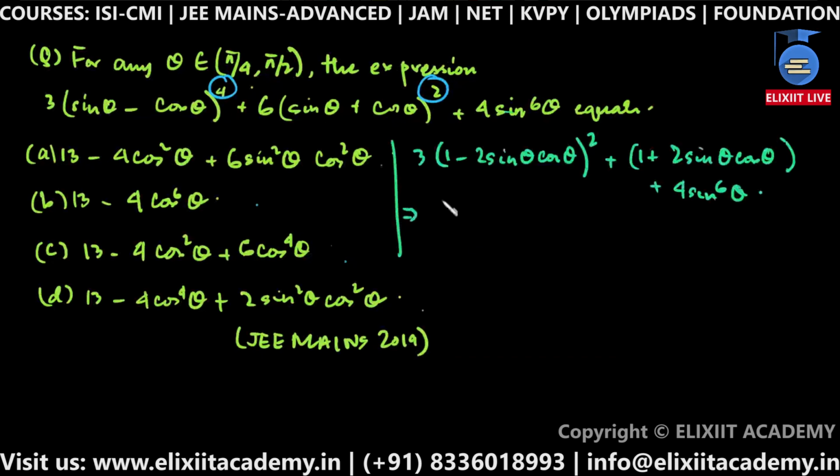Now we simplify this whole square once again. So we have 3 into 1 minus 2 sine theta into cos theta whole square. If you simplify this, we have 1 minus 4 sine theta cos theta plus 4 sine square theta cos square theta, simply breaking this in whole square format, a minus b whole square.